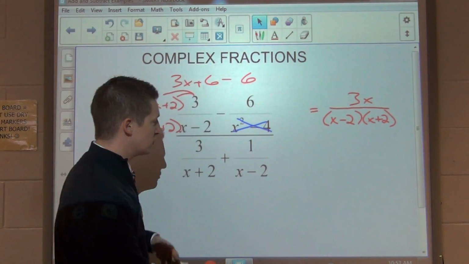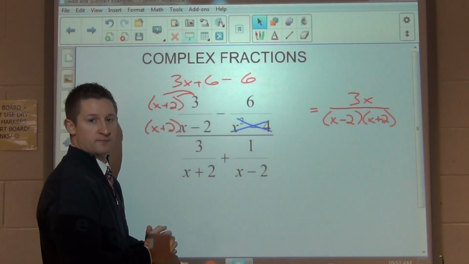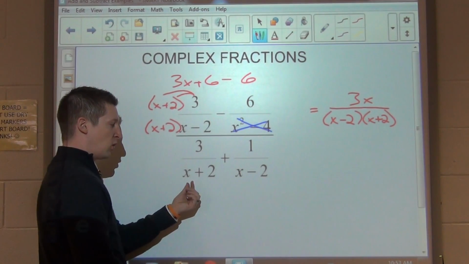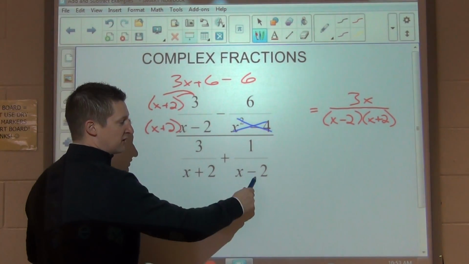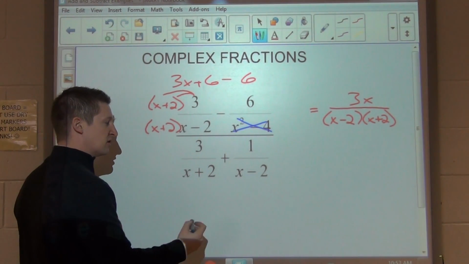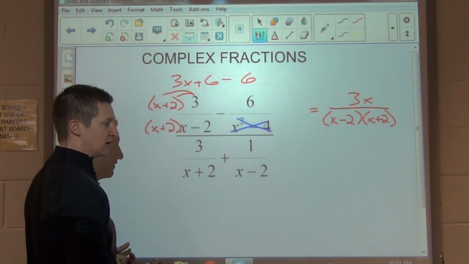Our next step is to do the same thing for the two fractions that I see in the denominator. Well, looking at these two fractions, I see one has a denominator of x plus 2 and the other x minus 2. Putting those together, I'm pretty sure that my common denominator is going to be the product of these two things multiplied together.